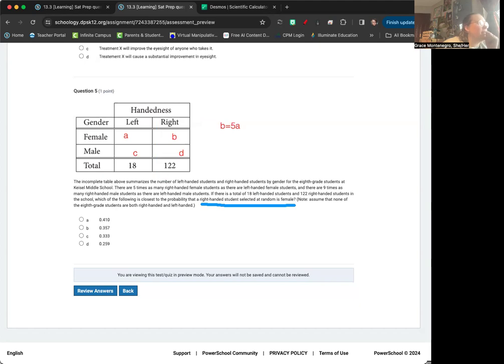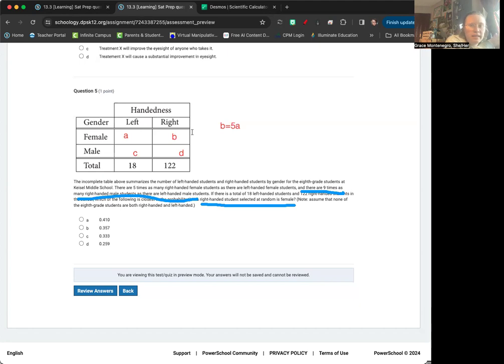There are 9 times as many right-handed male students as there are left-handed male students. We've done this once, should be decent to go again. 9 times as many right-handed male students, so D. D is 9 times as many as C. I think the hard part here is that the 9 times is written next to D, right-handed male students.